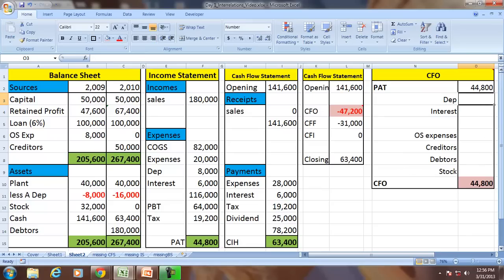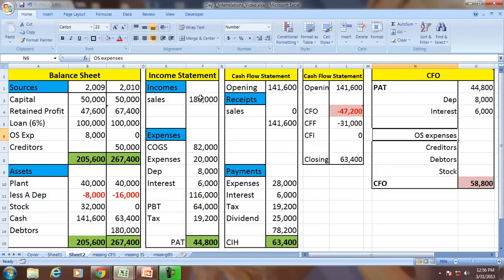So we'll make adjustment for depreciation. Depreciation is added back, 8,000. We add back because we have deducted depreciation 8,000 while computing PAT. We add back interest because we have deducted interest while computing the PAT.